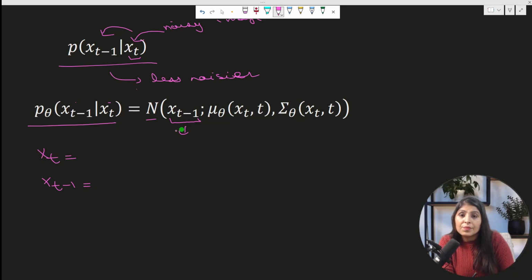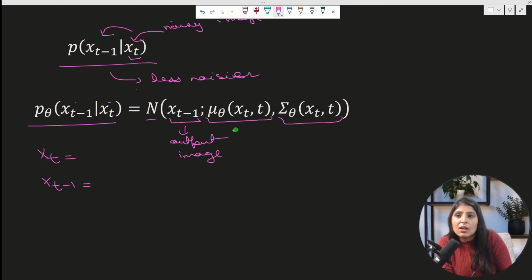So the task of the reverse diffusion process is, at every time step, to reverse the process of the forward diffusion process, meaning at each time step we want to get a less noisy image. So this will be the output image, the less noisy image, and this is the mean, and this is the variance, and this is the normal distribution formula, and we want to get this on the basis of this mean and this variance.